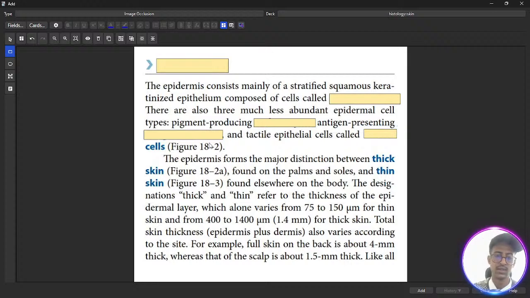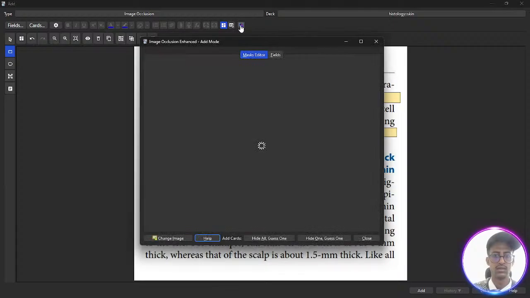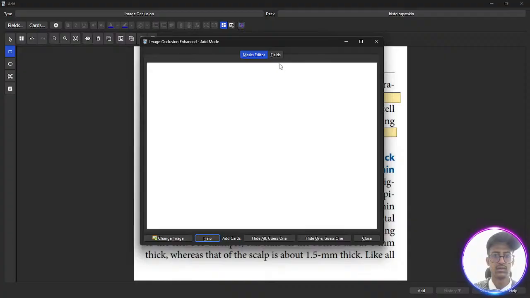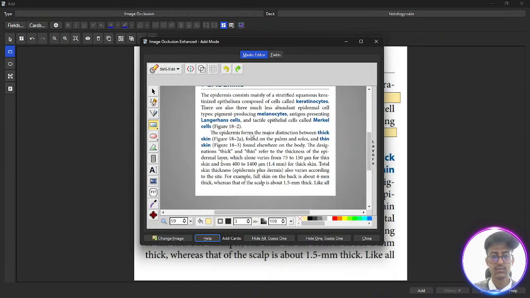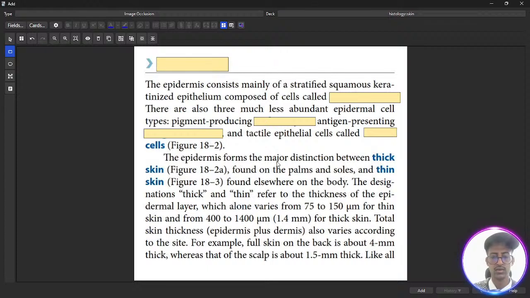Okay, Merkel cells. The epidermis forms the major distinction between thick skin found in... Okay, can I add one more? Okay, add. The epidermis forms the major distinction between... The epidermis means the upper one, then dermis, then subcutaneous layer.